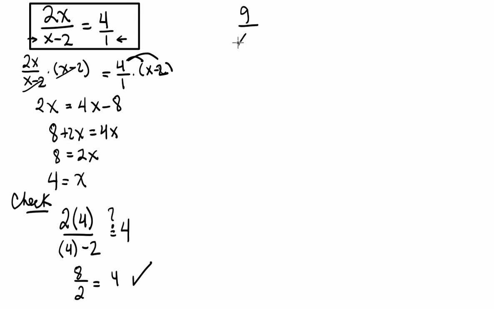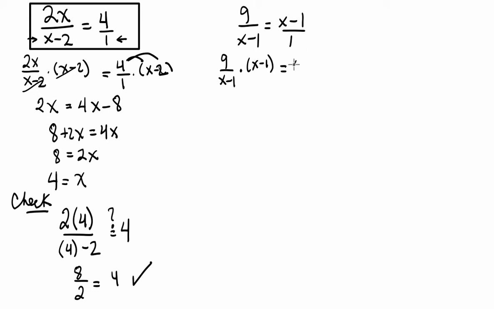9 over x minus 1 equals x minus 1. Again, the right-hand side doesn't look like a fraction, so let's make it look more like a fraction. Look at each side. You can see that you'll need to multiply through by the least common denominator of x minus 1.